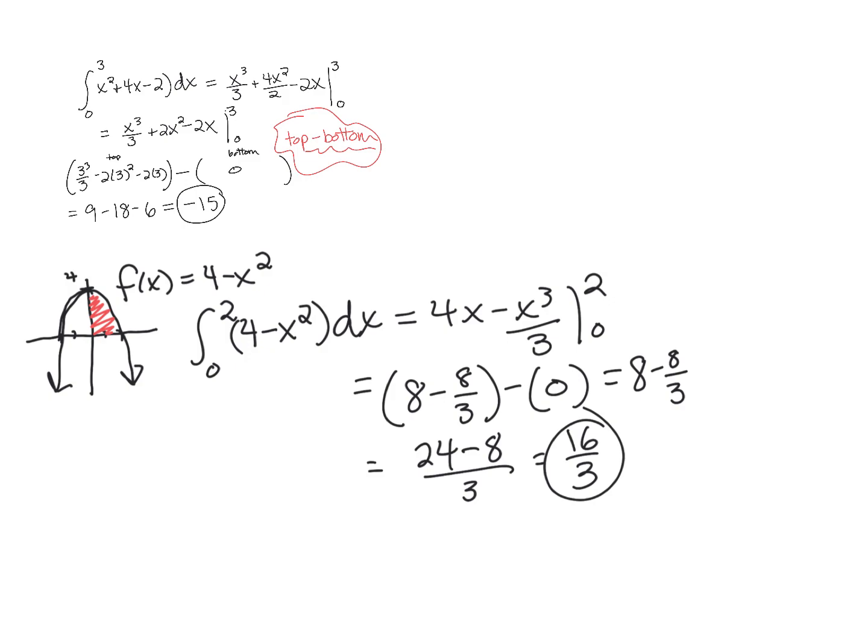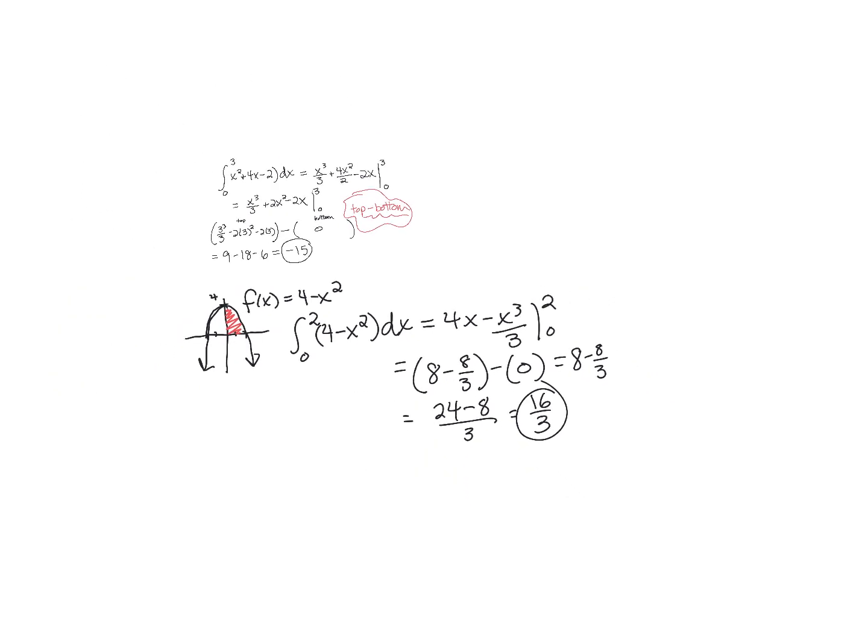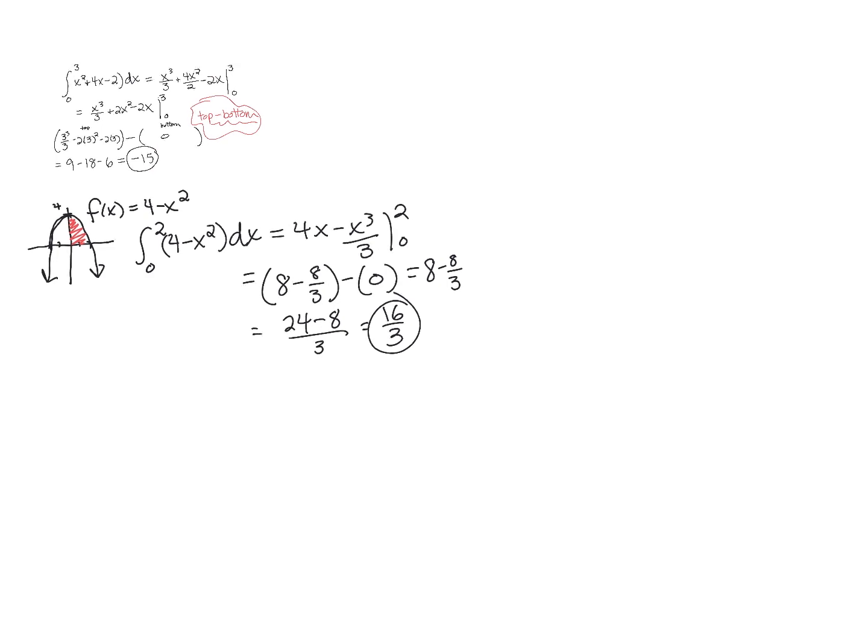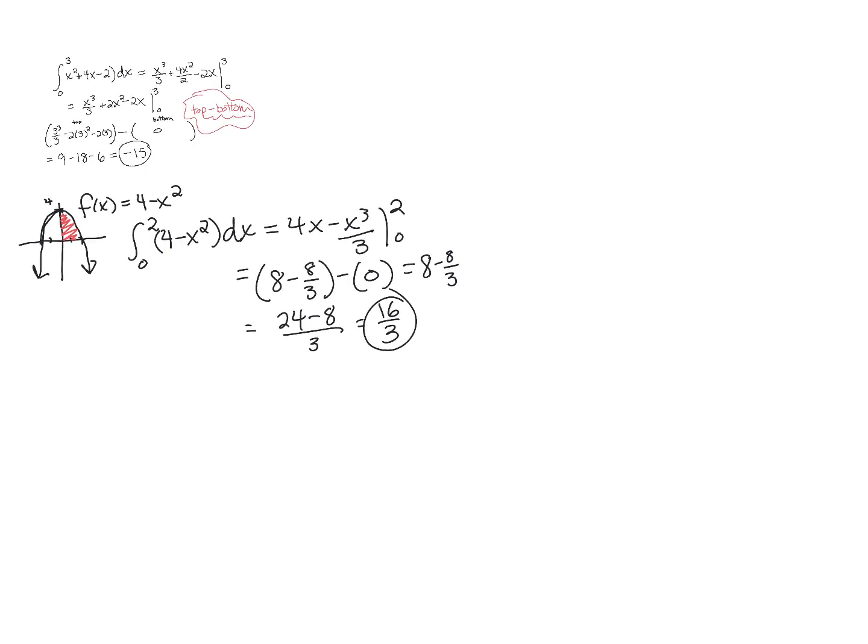All right. Now let's do something a little different. Let's take that same function. It crosses here at 2. It's up here at 4. But let's go all the way to 3.